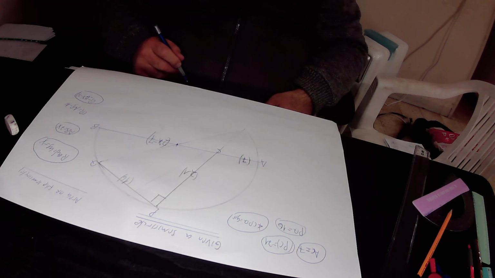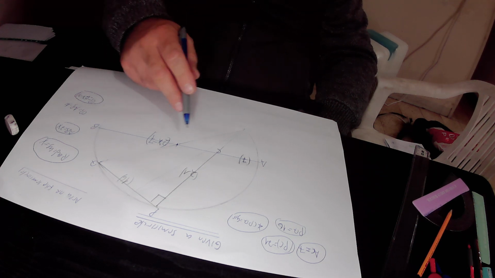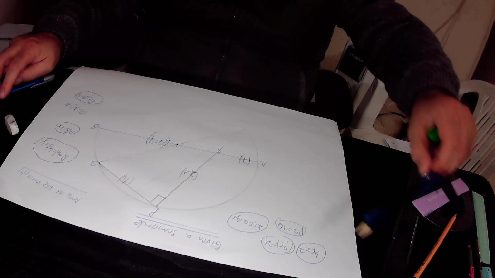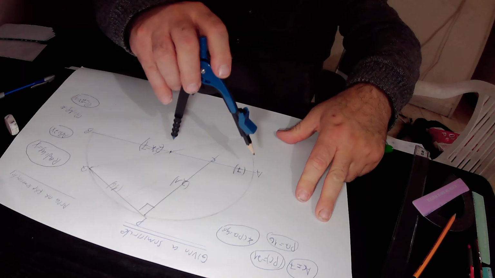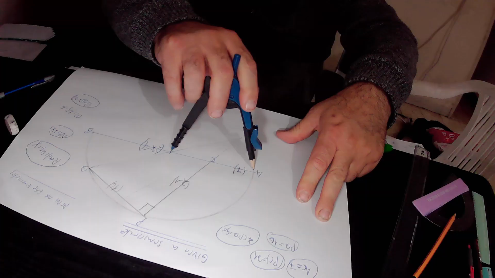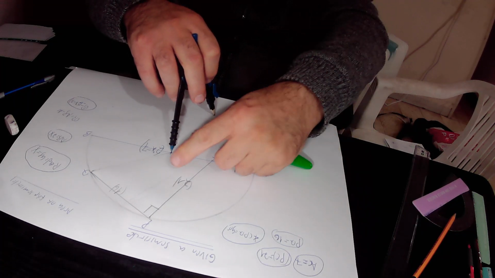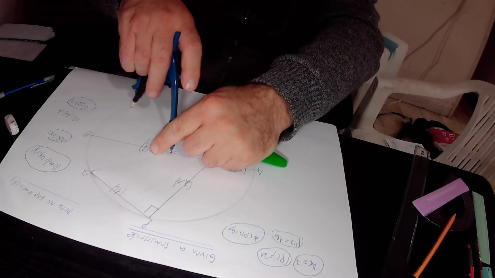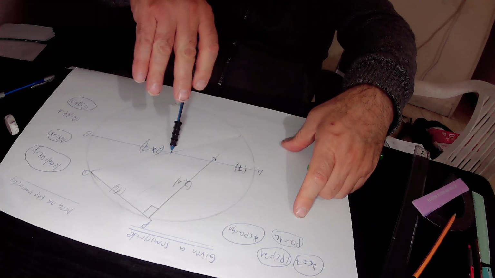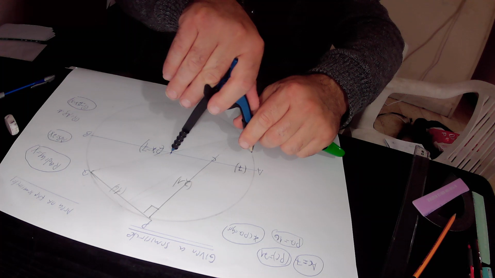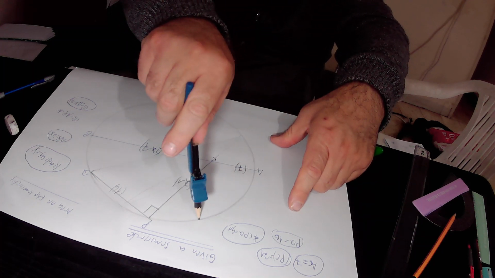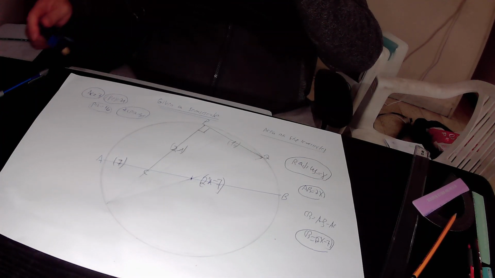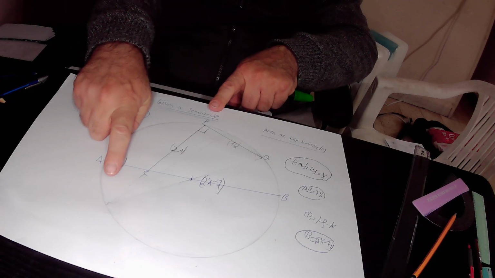In the next step, we will complete this semicircle to a circle, and we'll extend line segment PC until it touches the circle.